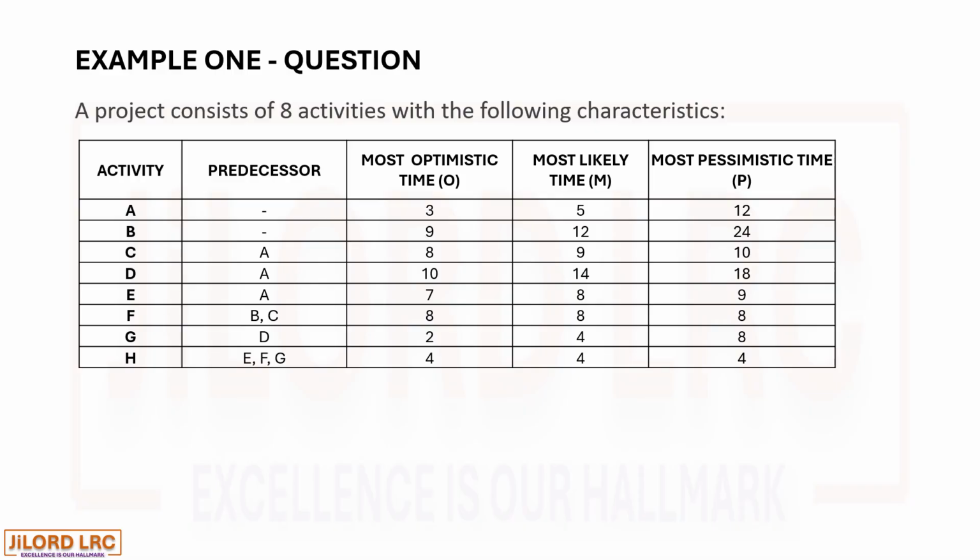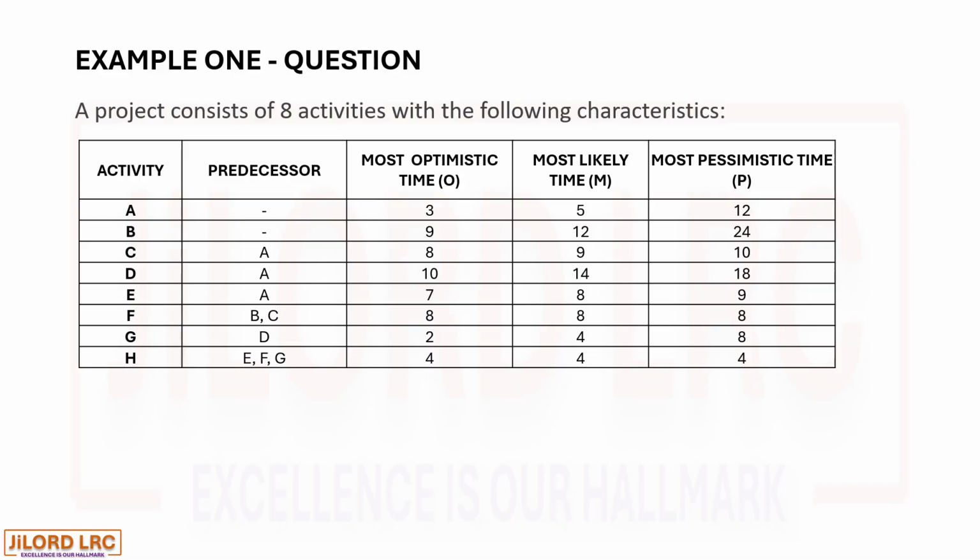You recall that PERT is used for uncertainties where we are not sure about the completion of certain activities, and those activities are part of a project, so it requires that they use the scheduling method PERT to schedule those projects.